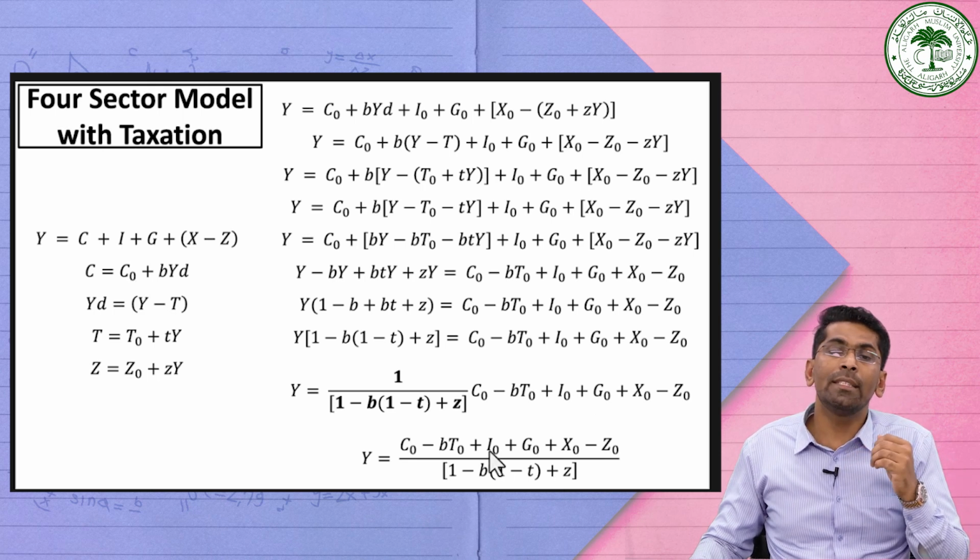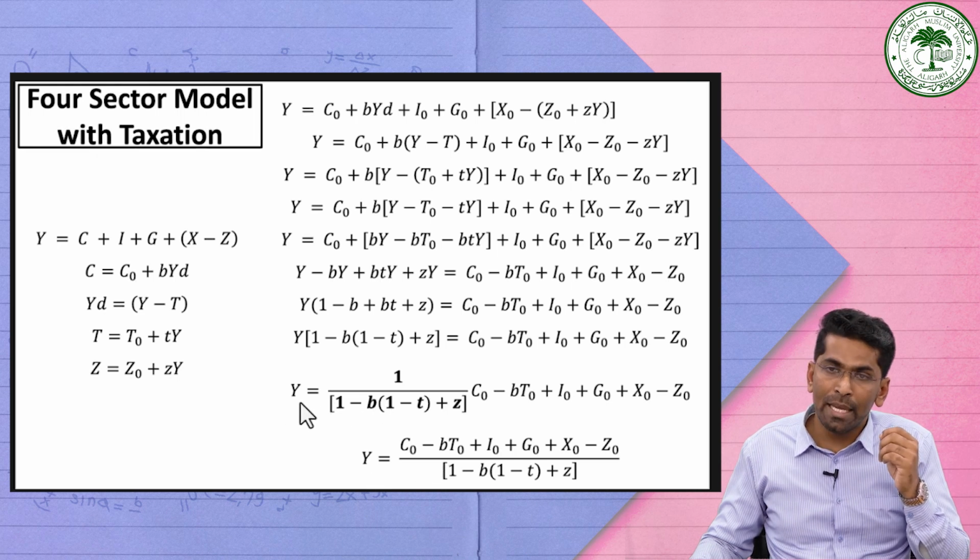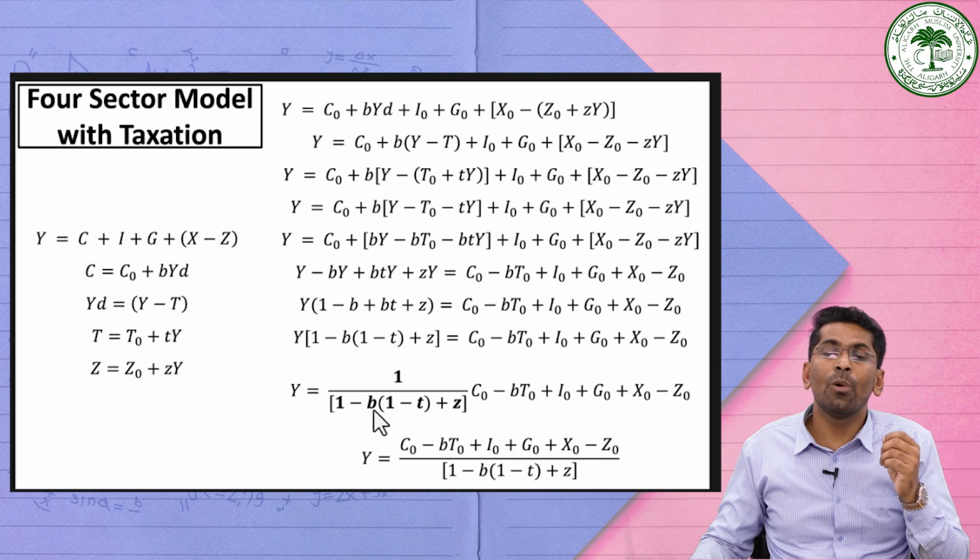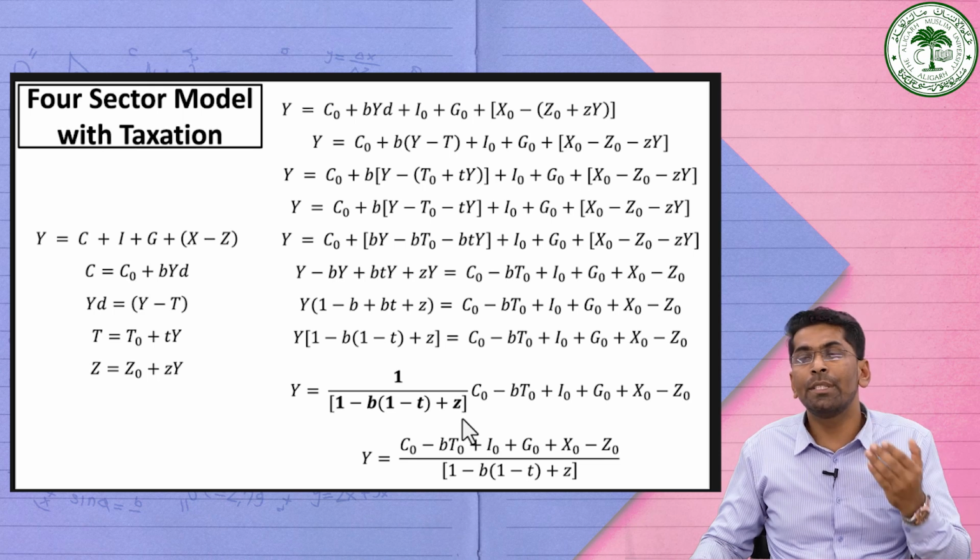So the multiplier is showing how much change there is in the level of income when we incorporate the marginal propensity to consume, then taxation and marginal propensity to import. It means that the portion of increasing income which we spend on the import of goods and services from the other country does not contribute to the domestic multiplier.